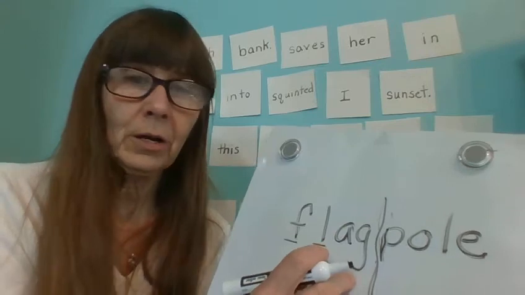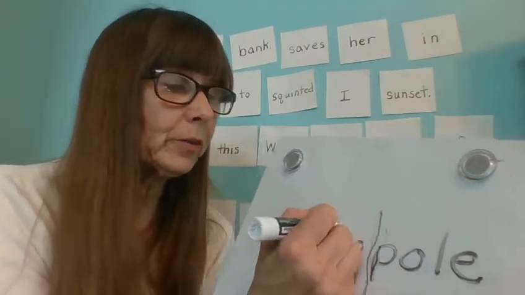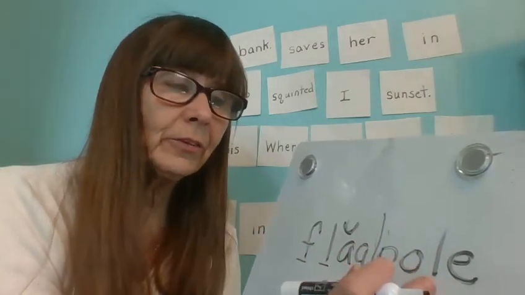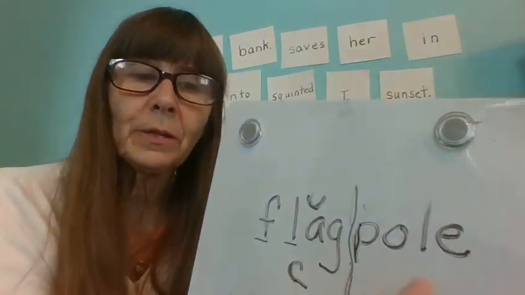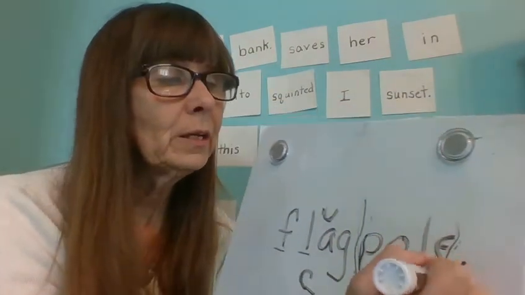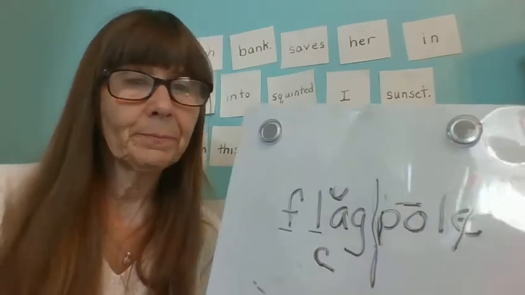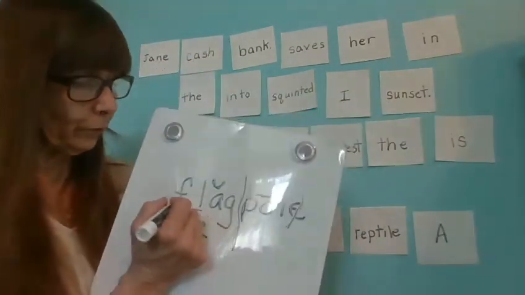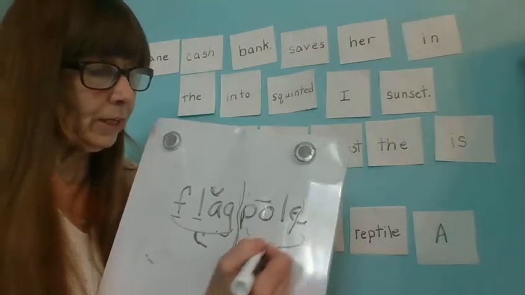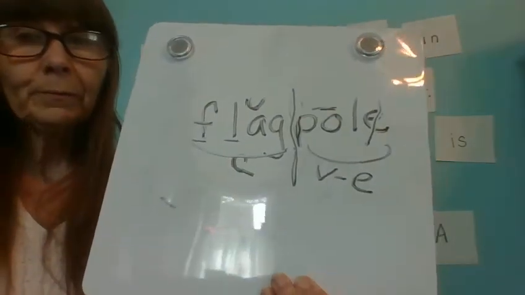You see there's a consonant right after the vowel, so that's going to be short. Over here, there's a consonant after the vowel, but notice something. There's an E after that. So the E is going to make the O say its name. And this is not a closed syllable. This one is called a V-E or vowel consonant E syllable.